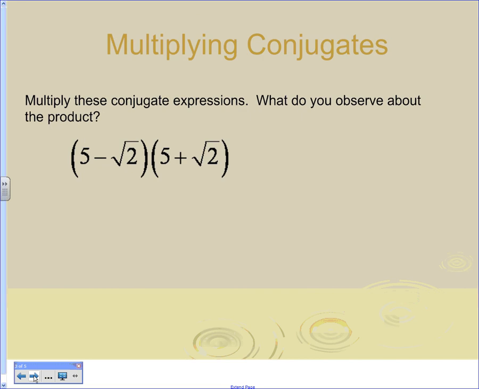All right. Those are conjugates, correct? Okay. How are we going to multiply them together? We've done that before. So see what you get whenever you multiply those two together.